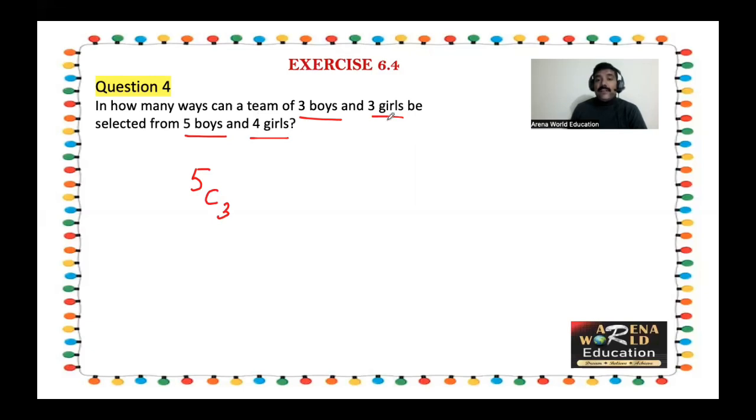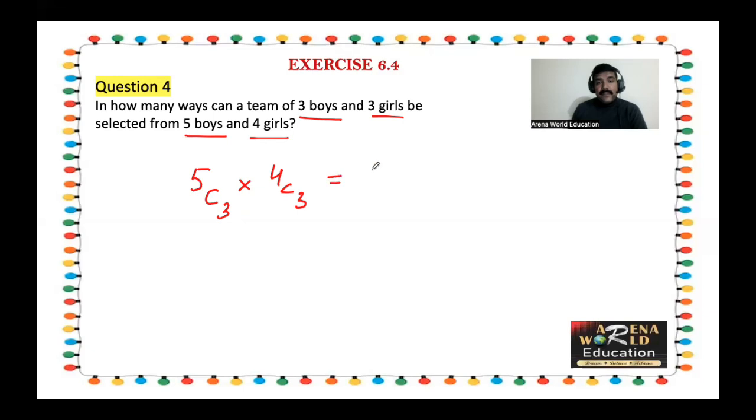And there are 4 girls and we want to select 3, so this will be done in 4C3 ways. And we are making a team, so we will use the multiplication principle: 5C3 into 4C3.